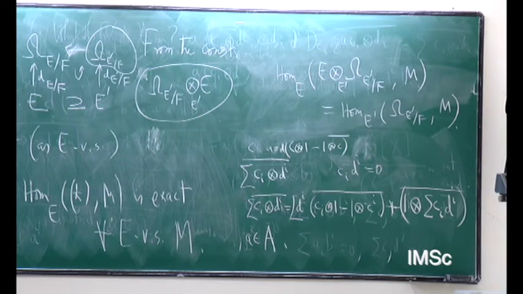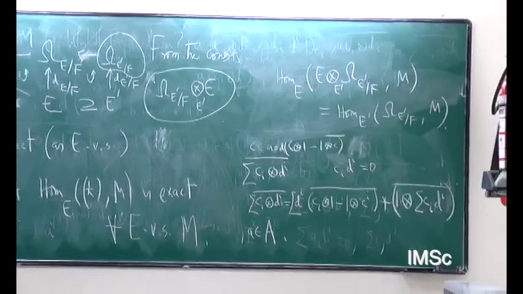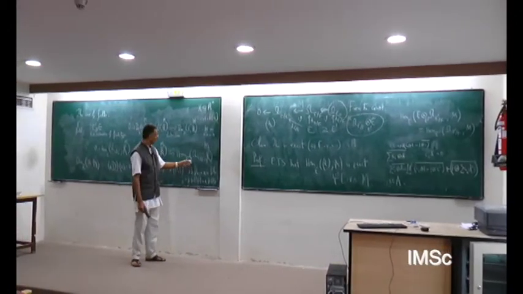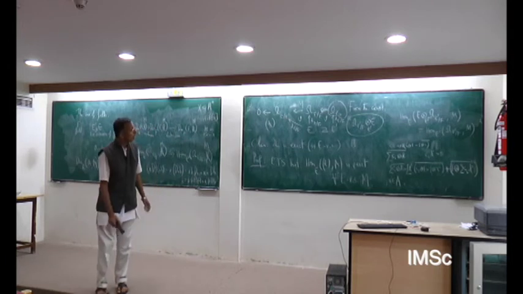Right? Good point. So this thing is an E prime vector space.